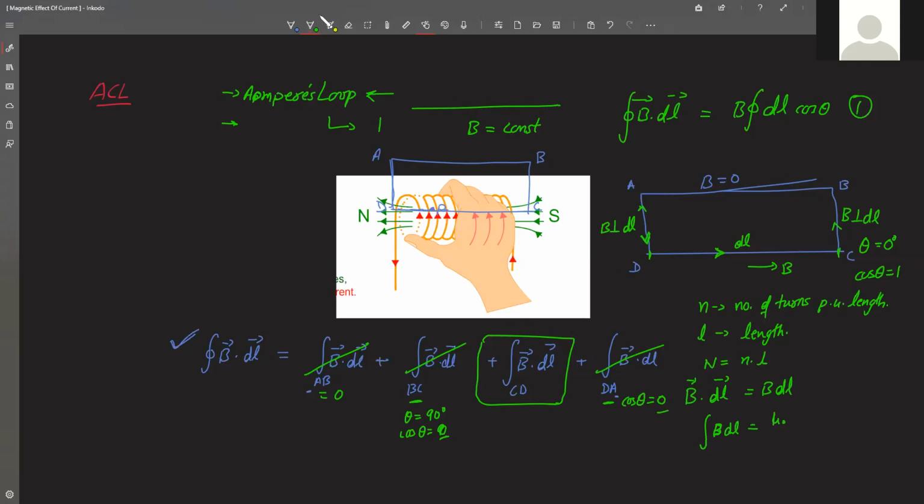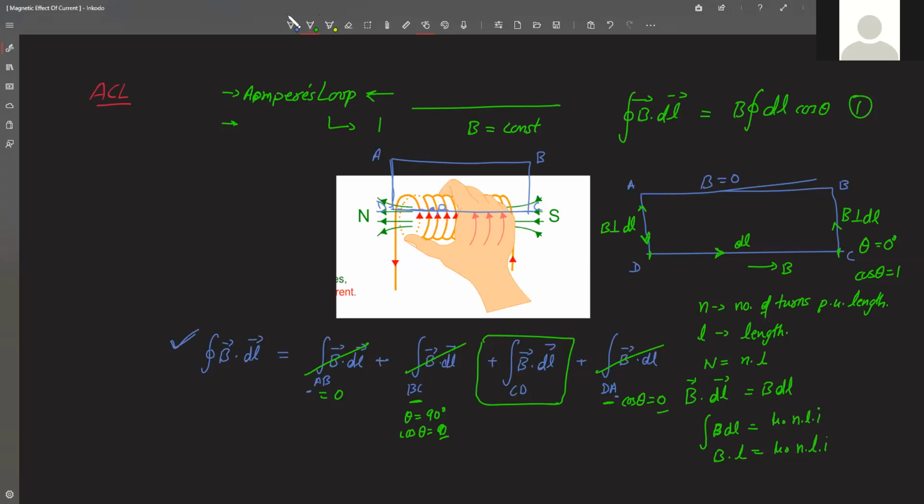So current in one coil is I. So current in n L coils will be n into L into I, right? And what is there on the right hand side? You have B into L. That is equal to mu naught into n into L into I.